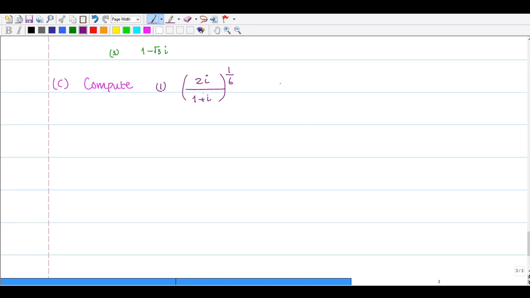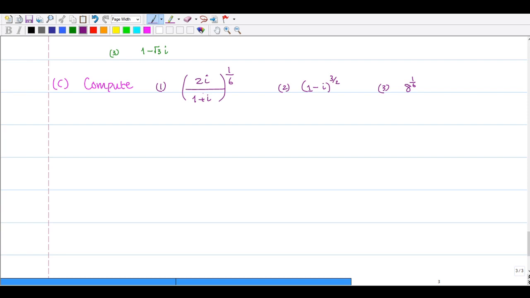And number 2 is 1 minus i the whole power 3 by 2. The third problem is 8 to the power 1 by 6. Okay, so these are all the problems.